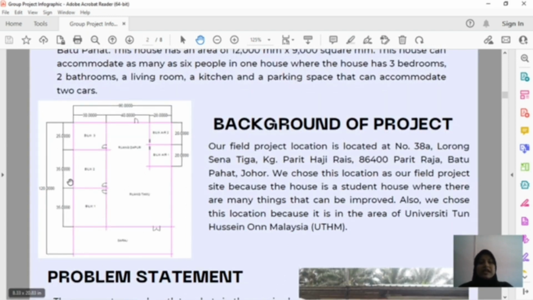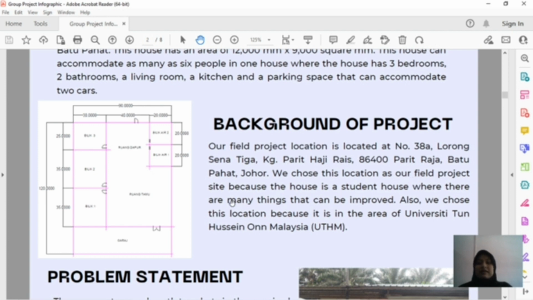So, this is the floor plan of our project, which is the house area 120 mm and 90 mm in AutoCAD. So for the background of project, our field project location is located at number 38A, Lorong Senar 3, Kampung Parit Haji Rais, 86400 Parit Raja Batu Pahat, Johor.